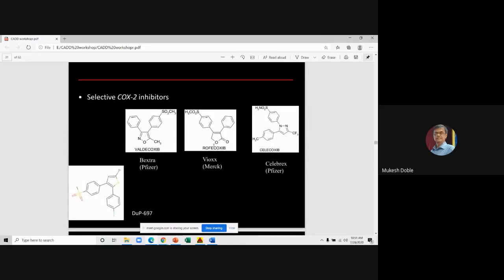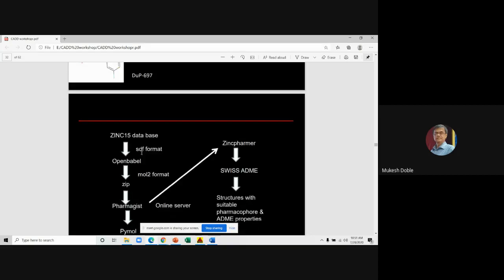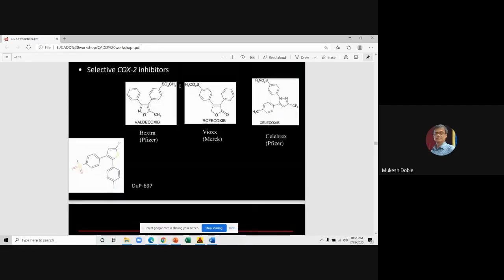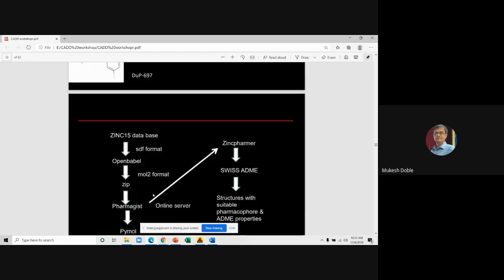Zinc gives them in SDF format, so I will go to Open Babel and convert that into mol2 format. Then I'll put the mol2 files of all these 4 structures into a zip file.